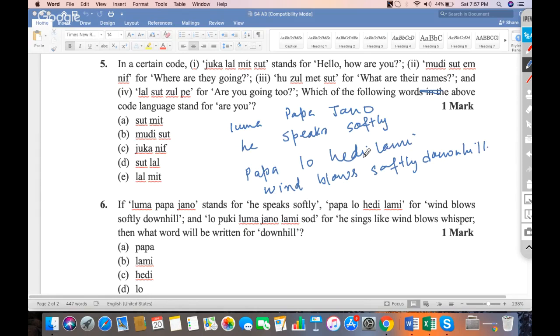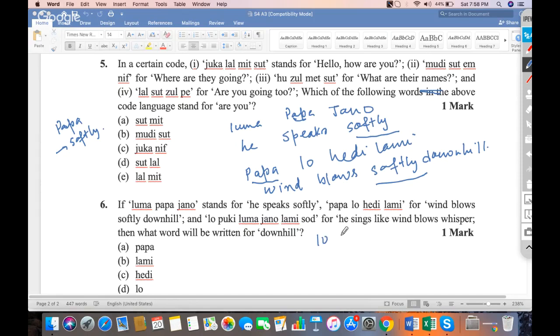So what is common here? Softly is common here, and papa is common here. So for papa, what is the word for papa? It's softly.